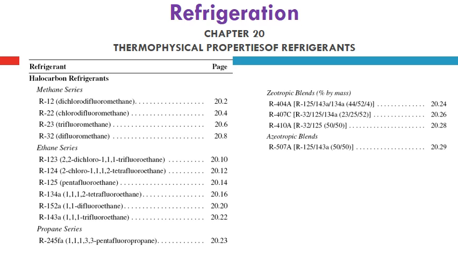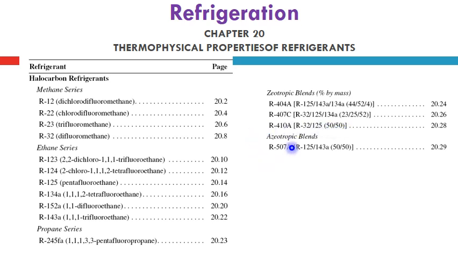So we can observe that R404A and R407C both contain R134A, but R404A at 4% by mass, whereas R407C at 52% by mass percentage. R410A consists of only two refrigerants, R32 and R125, at 50% mass percentage each.